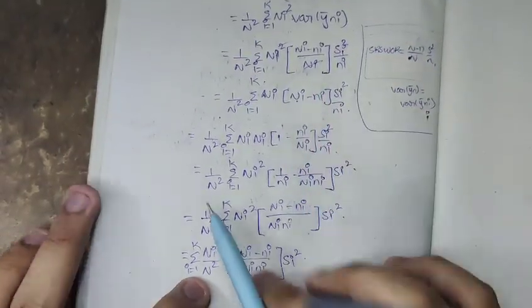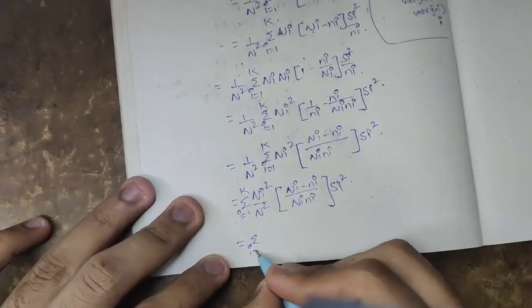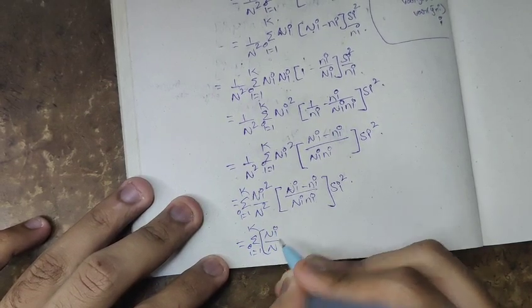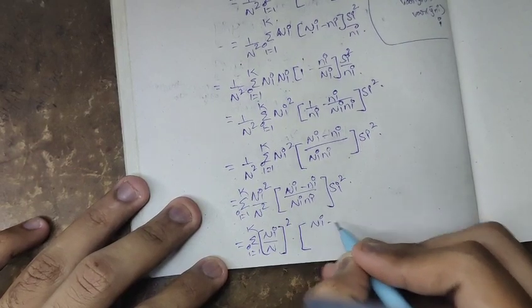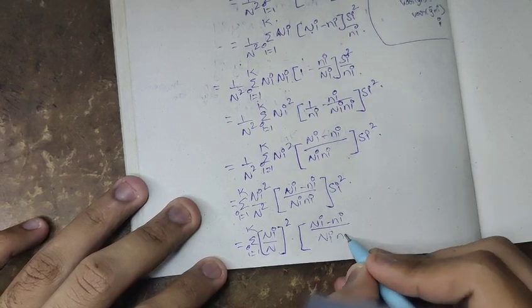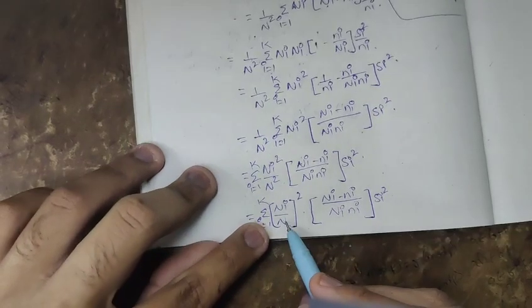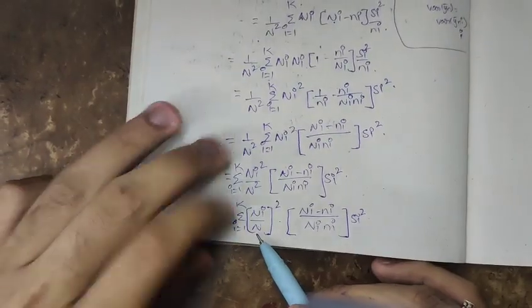And if we just take this as a whole square term, summation from i = 1 to k of (N_i/N)² into (N_i − n_i)/N_i S_i². We already know that this term is P.